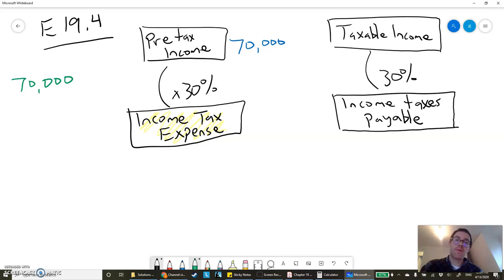So if I want to convert, do I need to add or subtract the 16,000? I'm going to need to subtract. Right? I'm converting to taxable income. I'm converting to IRS. And IRS says, hey, our depreciation is $16,000 more. So you better be subtracting $16,000 more than you had subtracted for your purposes.